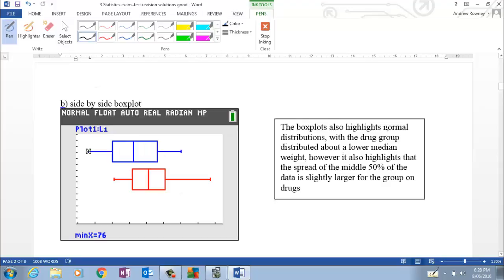So that's what this says. It says it highlights the normal distributions, but also the drug group is distributed about a lower median, but also highlights that the spread of the middle 50% of the data is slightly larger for the group on drugs. So this spread here is slightly bigger than this spread here.